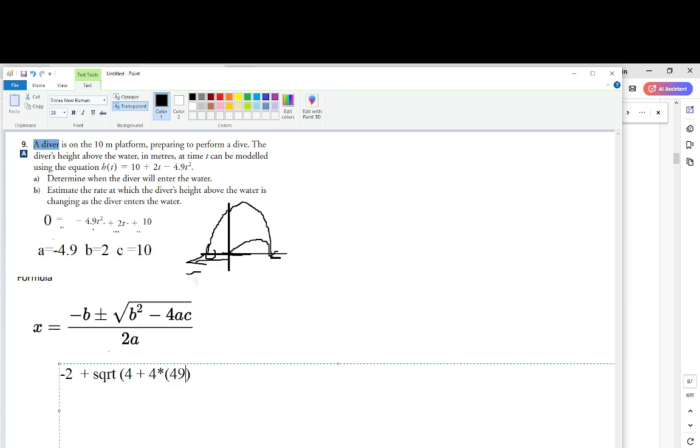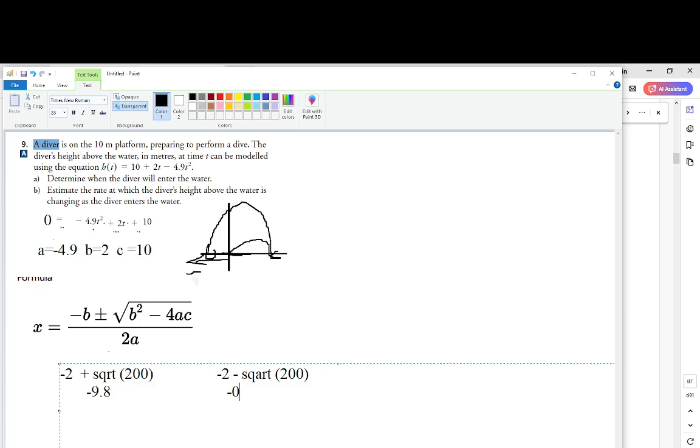And 4 times 49 is 196. 4 plus that is 200. So we're talking about the square root of 200 divided by 2 times a. A is negative 4.9, so 2 times a is minus 9.8. So that's one version, minus 2 plus that. And then there's minus 2 minus that, root of 200 divided by negative 9.8.